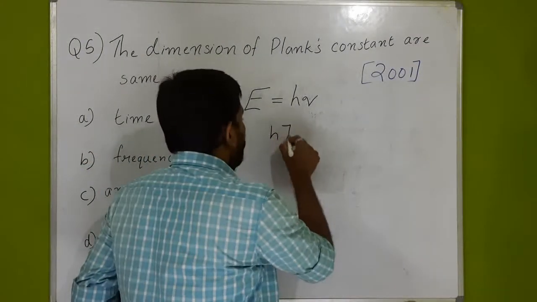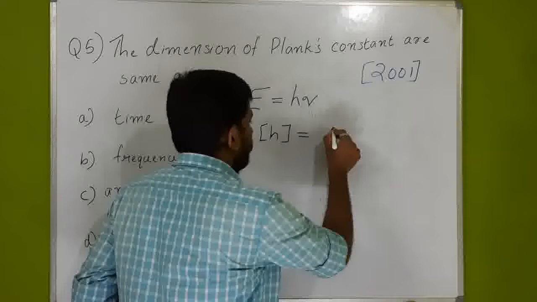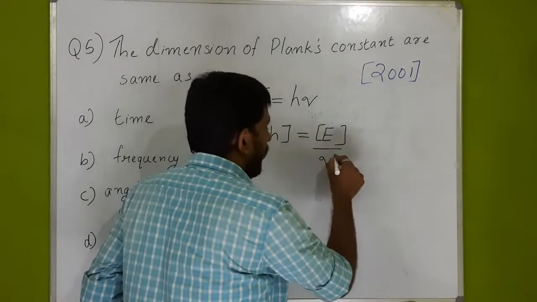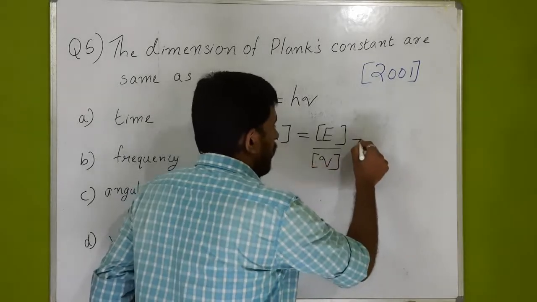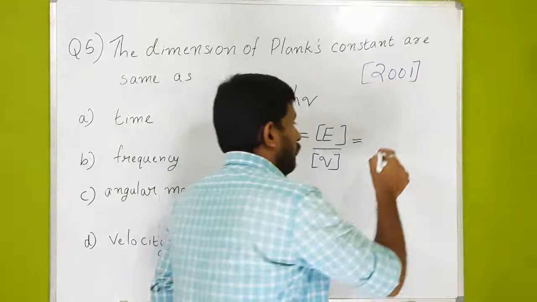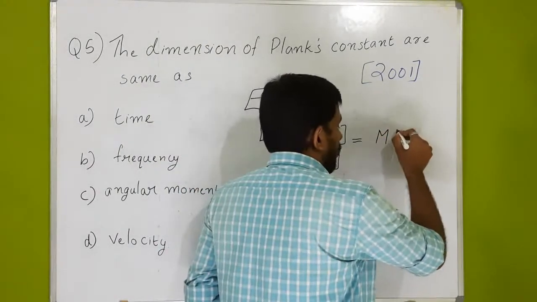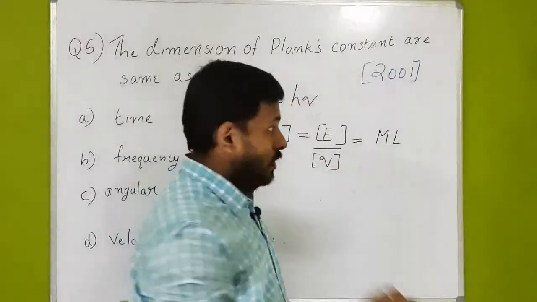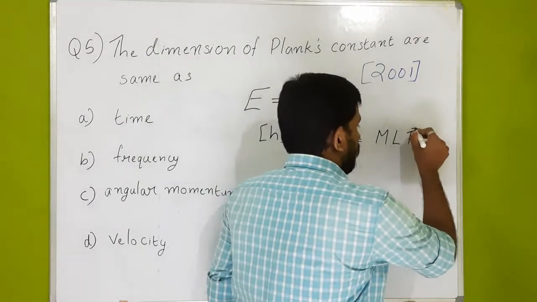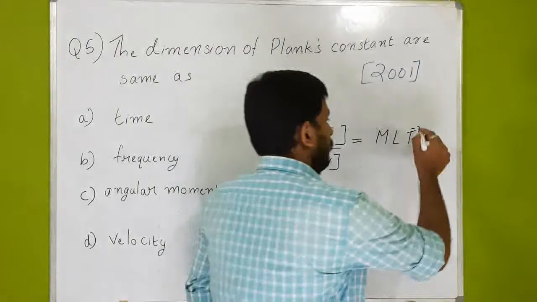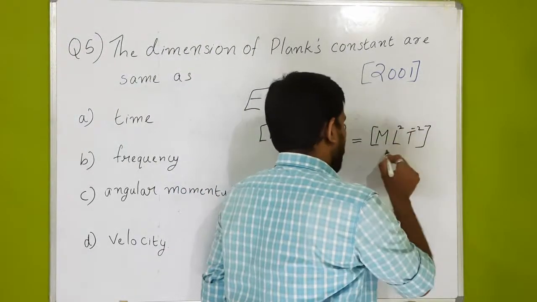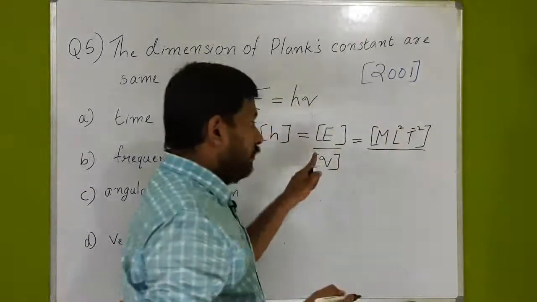Therefore, dimension of Planck's constant is equal to dimension of energy divided by dimension of frequency. And we know that the dimension of energy is same as that of the dimension of work.